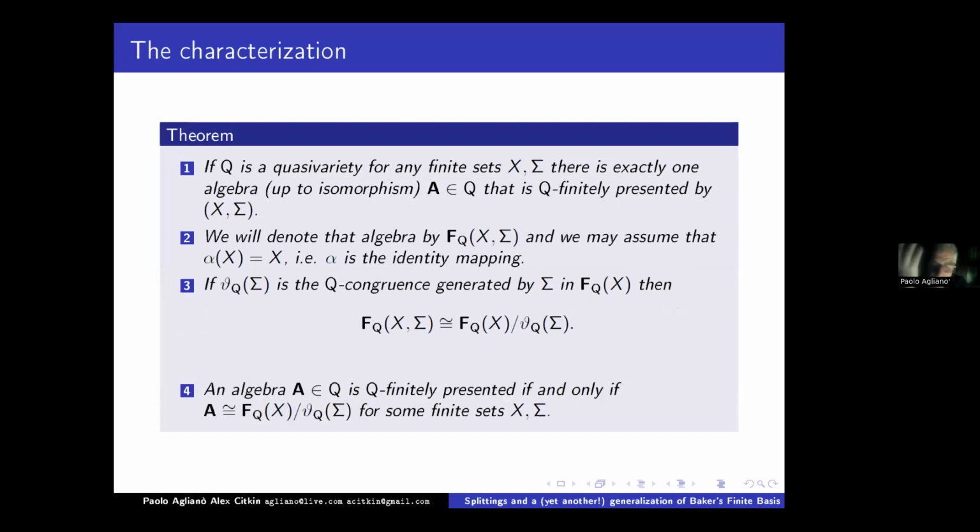Finally, an algebra is Q finitely presented if and only if it is a quotient of a finitely generated free algebra by a finitely generated Q congruence. So this is just to justify that we call these things Q finitely presented because they are what they should be.